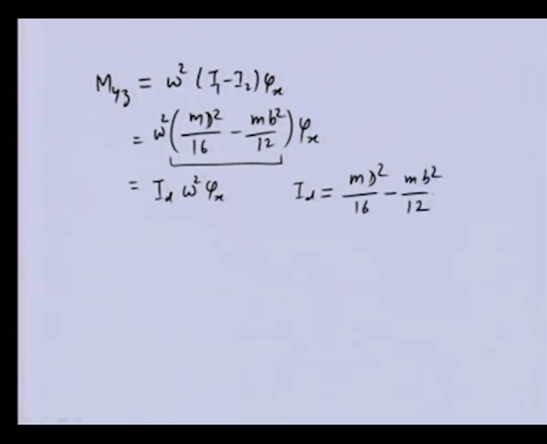because if you remember, for the thin disk case, for the gyroscopic moment we got exactly the same expression, Id omega square phi x, but Id was different for that; now we are defining the Id like this. So, as such, this particular gyroscopic moment is identical to the previous analysis.